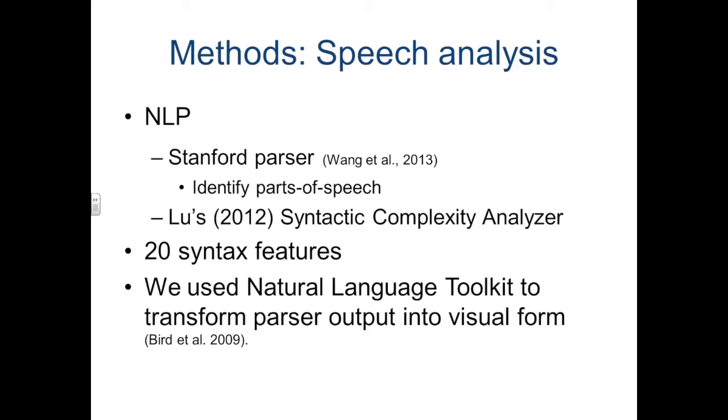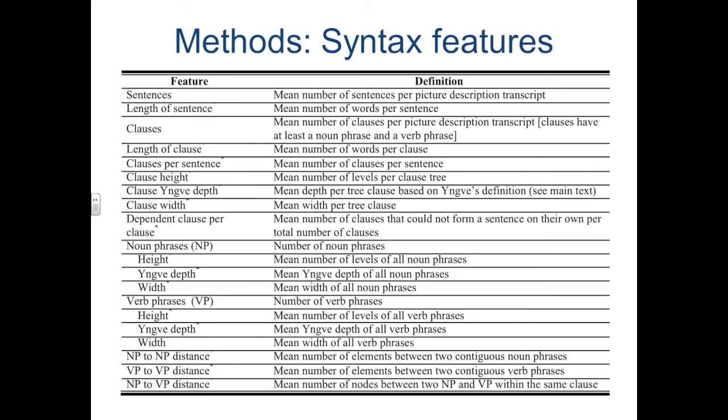From a visual perspective, we use this natural language toolkit to transform the output of the parser, which can be pretty difficult to just codify by just looking at the output. And so looking at trees, the way we all learn to dissect sentences in terms of grammar, is a lot easier. And so these are the features that we derived. We had variables that really just measured more of a quantity aspect of the sentence.